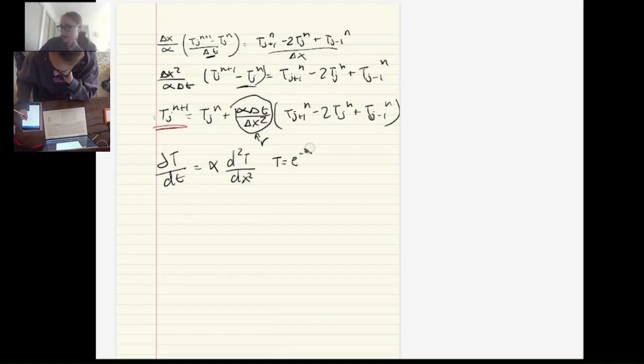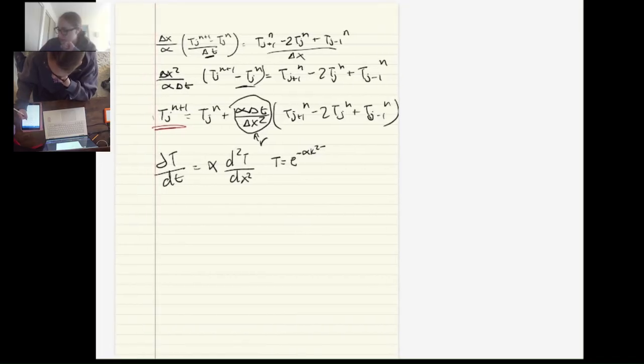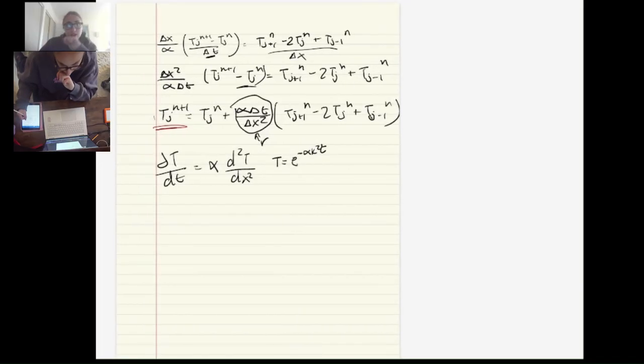sorry, let me write that alpha better. So it's negative alpha k squared t, sorry, just T. This is just going to be T. Sorry, T is in time, not temperature.